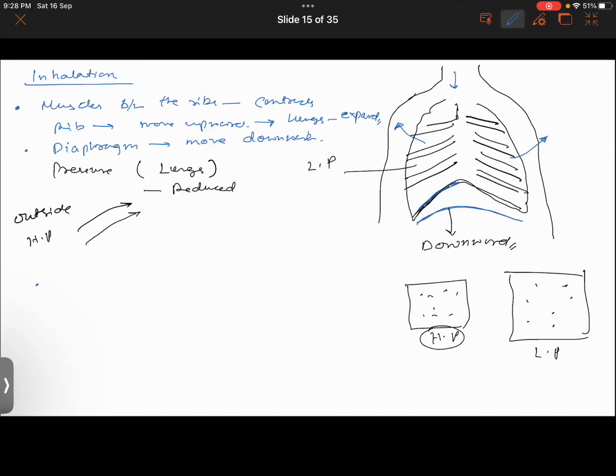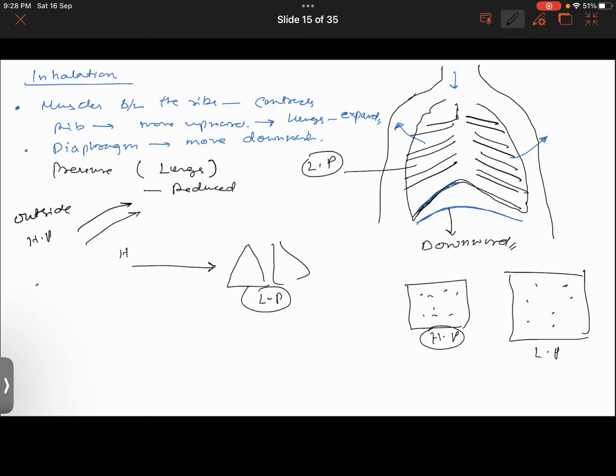But then you wrote reduced. What is reduced? Below lungs, you wrote reduced. Look here, as I said, the pressure is lowered here. Understand it simply like this. This is, let's say, lungs here. The pressure is lowered, and you need to do the opposite.